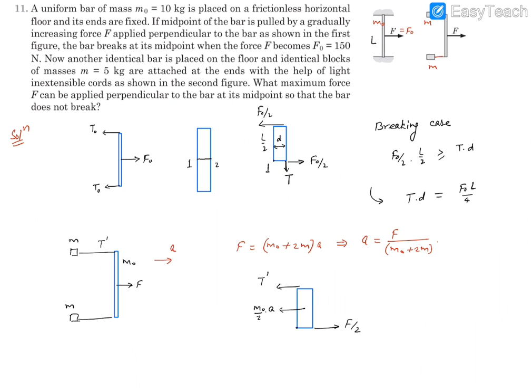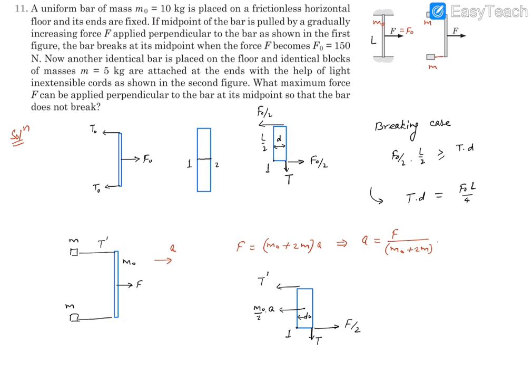Now again, this one point we are interested in, and we will say that in the limiting condition, the breaking condition, this effective tension or strength force will be T. This distance is still D. So the condition would say that at one point the torque which is trying to break it must be balanced by the torque which is holding it.